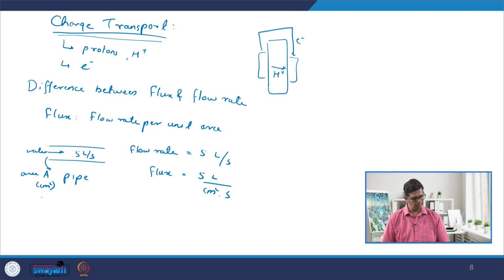If I simplify, flow rate normalized per unit area is nothing but flux.